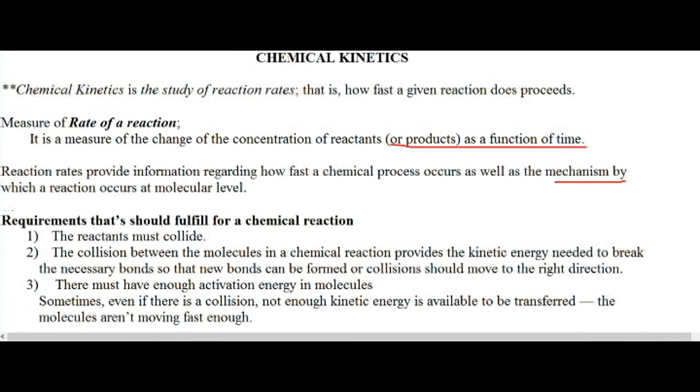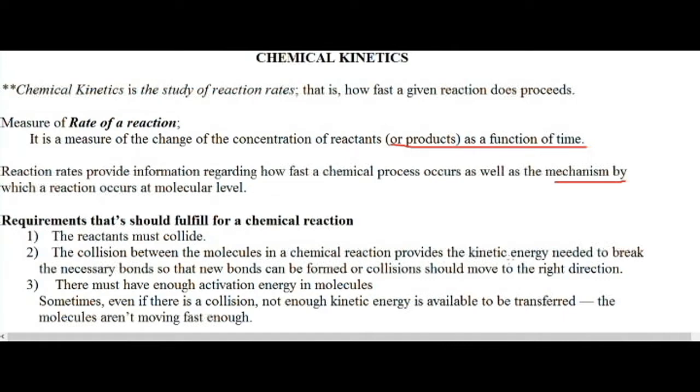Now there are different requirements that should be fulfilled for a chemical reaction. The first one: the reactants must collide. Collide means they should collide; if not, the reaction will not start.